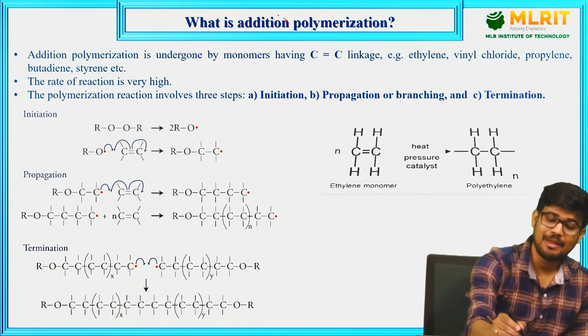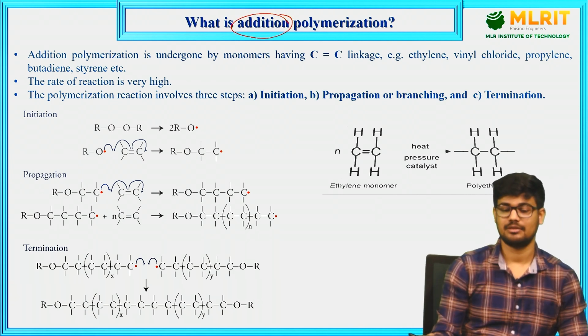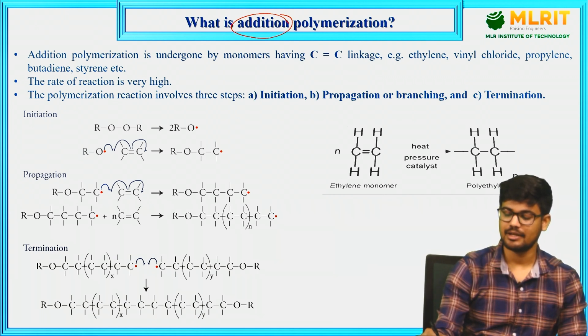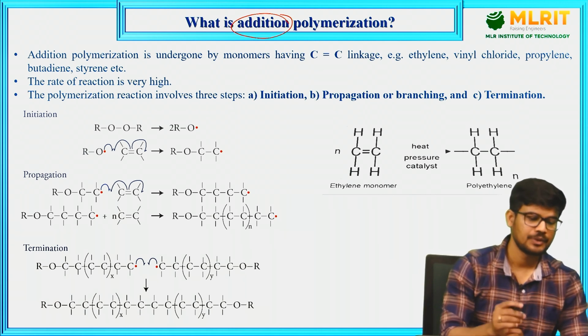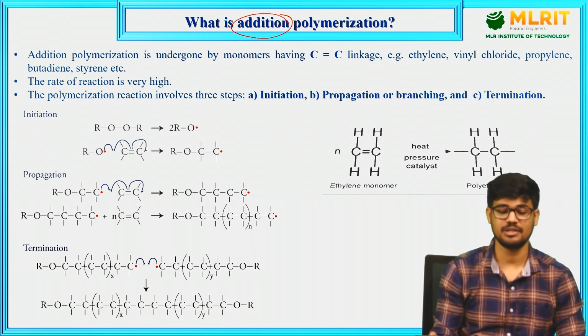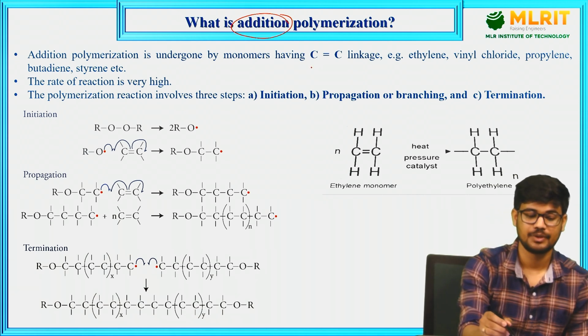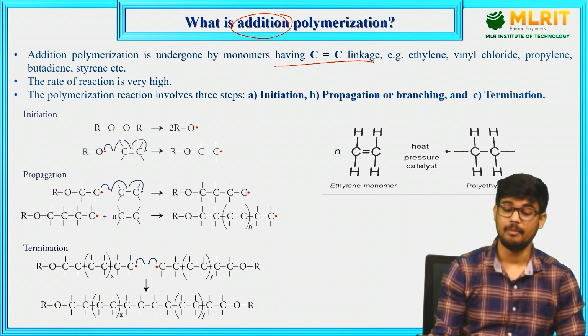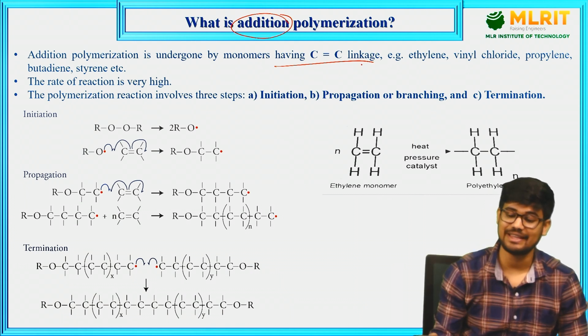From the name itself, addition, what can you understand? Addition means if you just add A plus B, you will get AB as the product, meaning only addition takes place. Before explaining addition polymerization, we have to know the conditions. For addition polymerization, each and every monomer must have a C=C linkage.